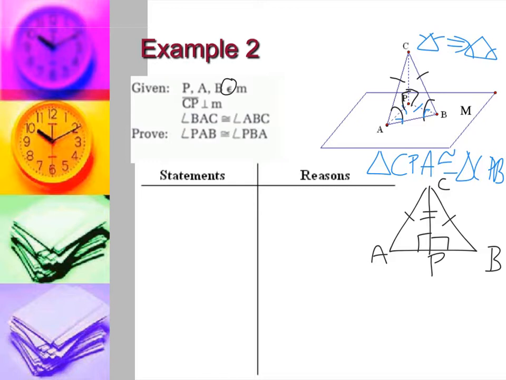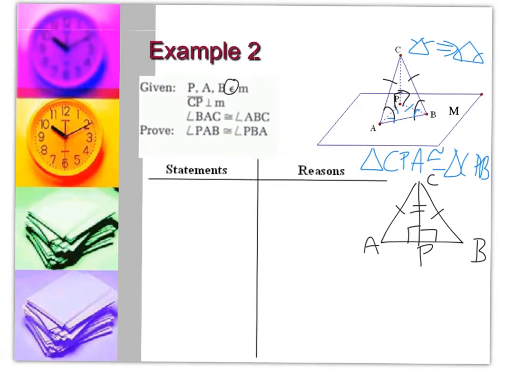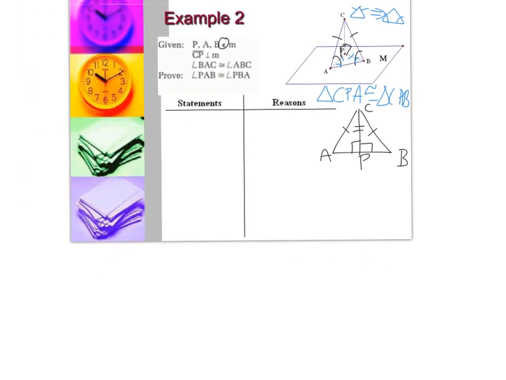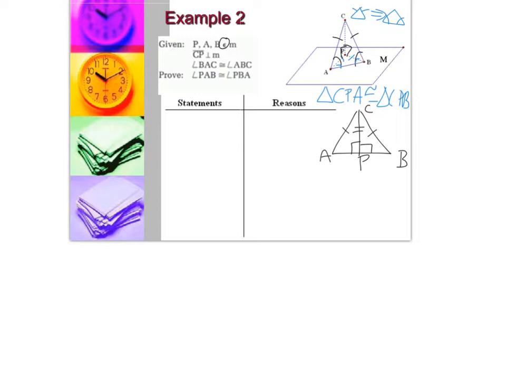So let's try and write this thing up. It is quite the involved proof, in my opinion. Step 1 is my given. For step 2, we'll say that CP is perpendicular to both PA and PB.